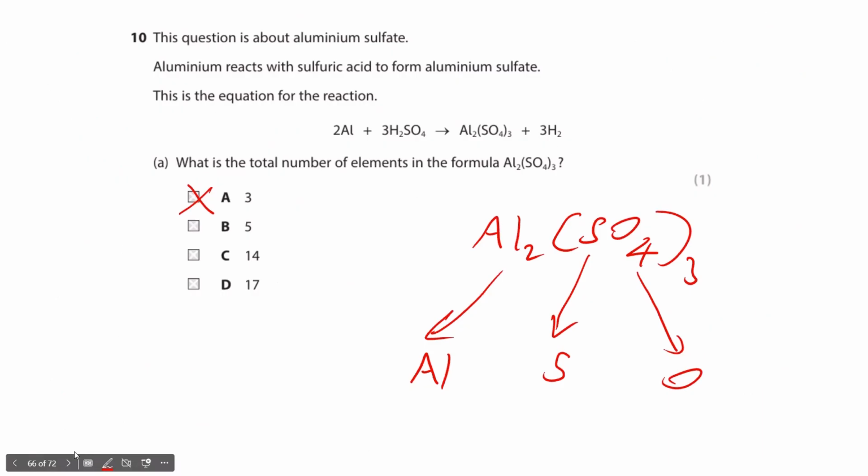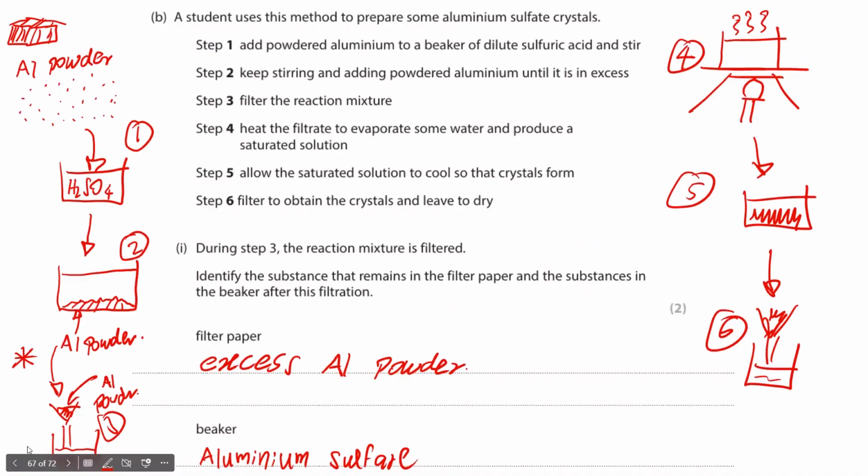Hydrogen gas will leave the system. So these are aqueous solutions. What is the meaning of aluminium sulfate solution? Aluminium sulfate solution means aluminium sulfate dissolves in water. So that means it has water also. If it is only aluminium sulfate, you can straight away get the crystals. That's why we evaporate this water. Water is the one we evaporate here by heating. So therefore aluminium sulfate and water both are remaining there.